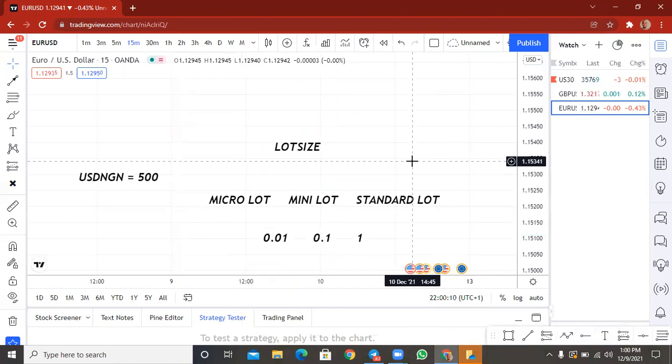When I started making the illustration with Milo, I started with 1 sachet of Milo, 1 roll of Milo, and 1 carton of Milo. 1 sachet, 1 roll, and 1 carton. That's what you're seeing on your screen. 0.01 is the micro lot, 0.1 is the mini lot, and 1 is the standard lot.